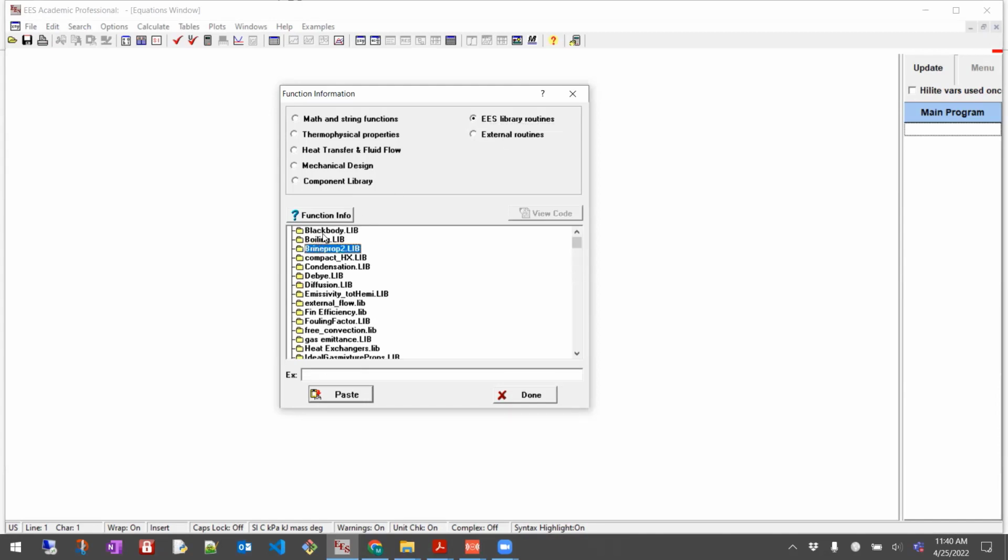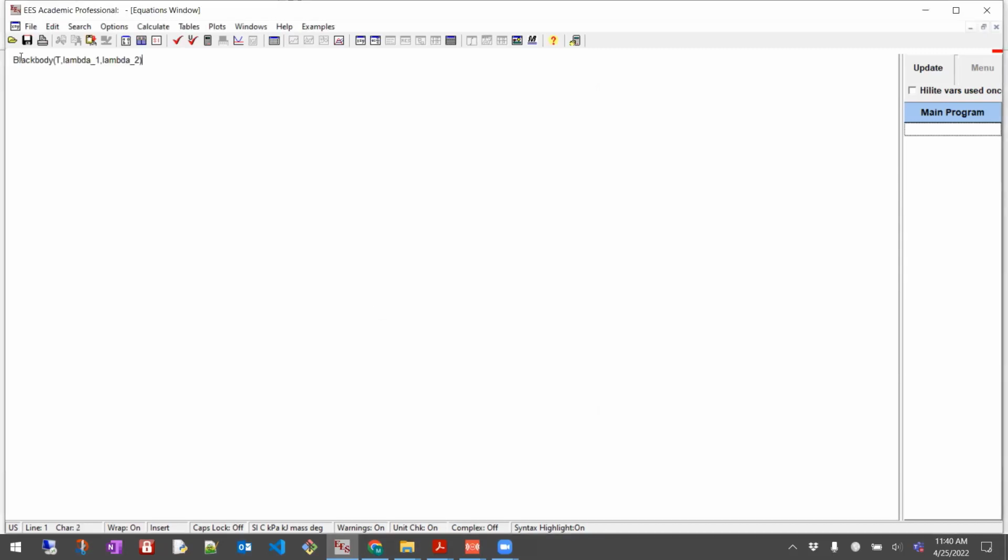The first one listed here is Blackbody. Blackbody is looking for you to give it a temperature, and lambda 1 and lambda 2. So you give it a range of lambdas that you care about, where you want to evaluate your fractional function, and a temperature. What it's going to return for you is the fractional function between those two wavelengths.